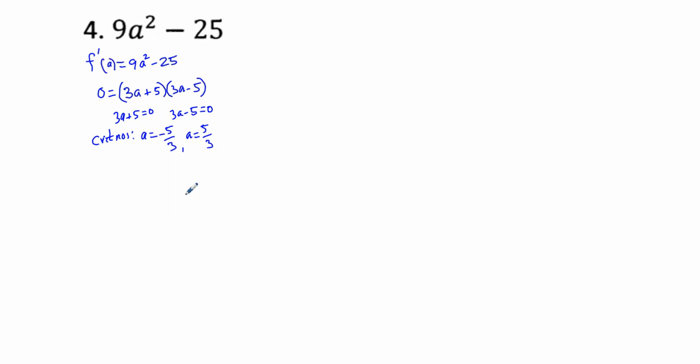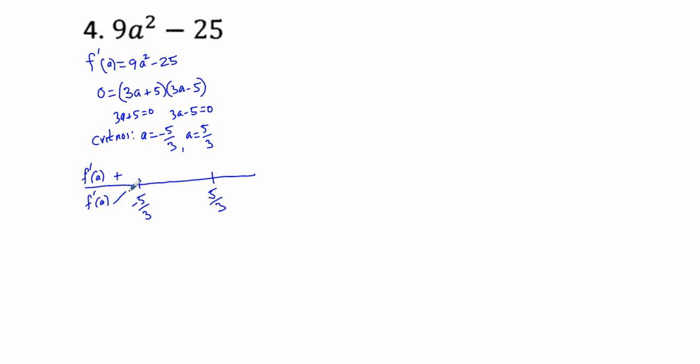So we're quite symmetrical here. And then our analysis will be going something like this. We have our f prime of a, and then we have our f of a below here, and we put negative 5/3, and then 5/3 here, and then to the left of negative 5/3, say negative 2, we're going to have a negative times a negative.